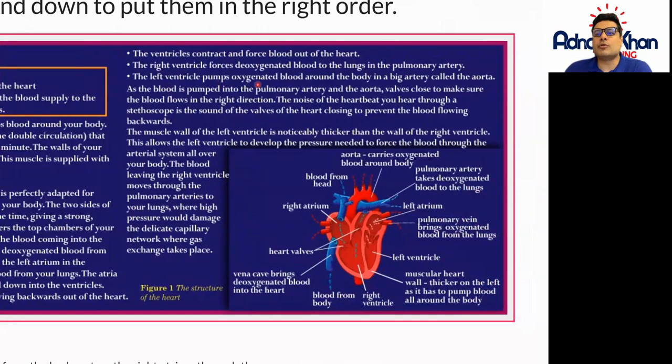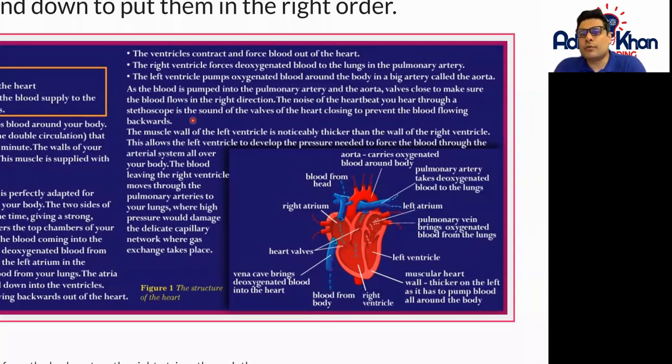The left ventricle pumps oxygenated blood around the body in a big artery called the aorta. As the blood is pumped into the pulmonary artery and the aorta, valves close to make sure the blood flows in the right direction. The noise of the heartbeat you hear through a stethoscope is the sound of the valves of the heart closing to prevent the blood flowing backwards.